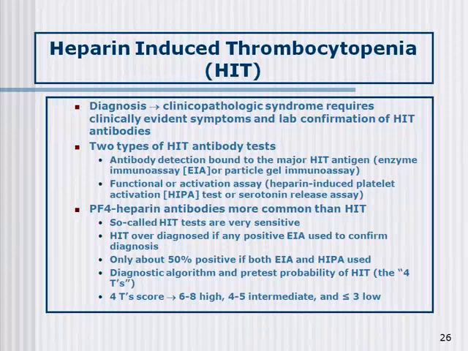There are antibody detection tests, the enzyme immunoassay, or EIA, or particle gel immunoassay. And then there's a functional or activation assay, which is called the heparin-induced platelet activation test, or serotonin release assay. They're very sensitive to development of platelet factor 4 heparin antibodies.